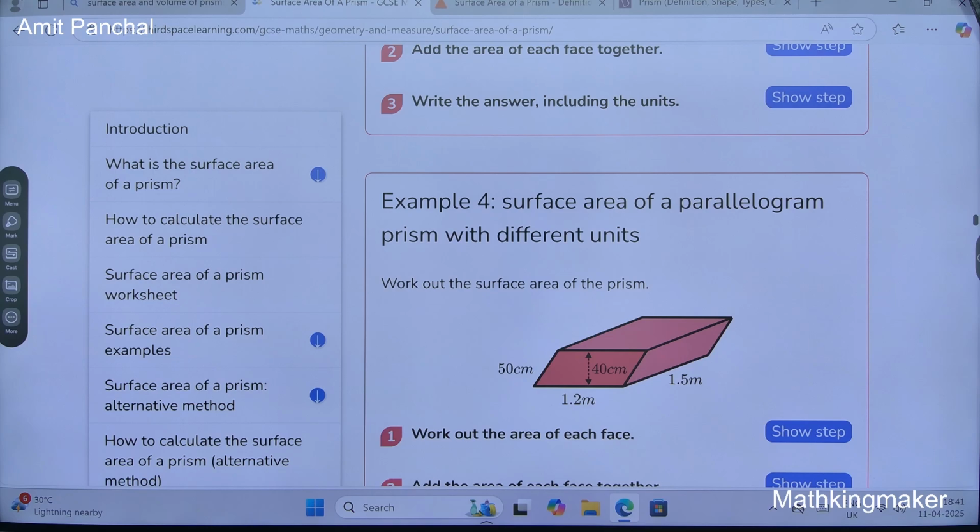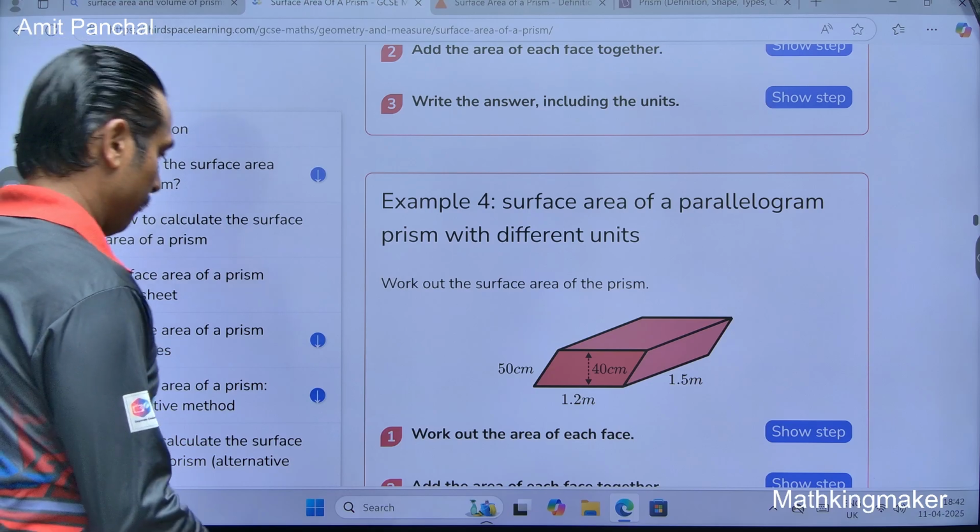Oh, yeah, I have to convert. Then I got 5.76, 5.76 meters. No.